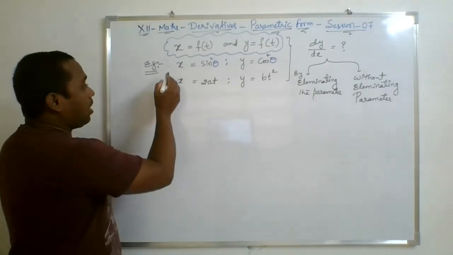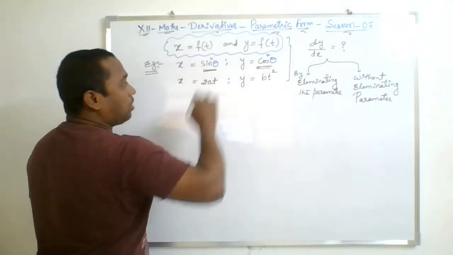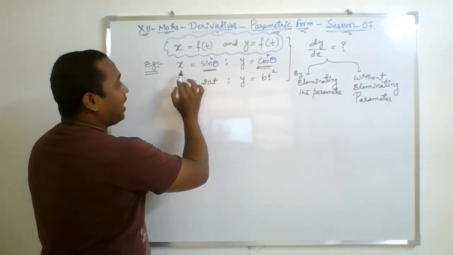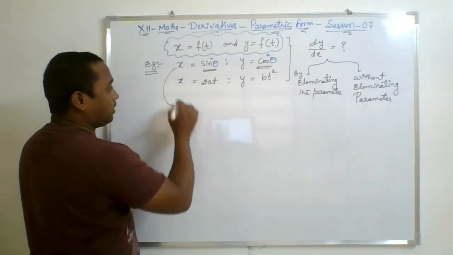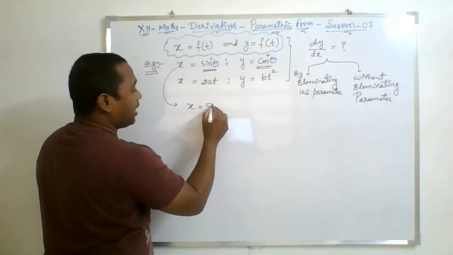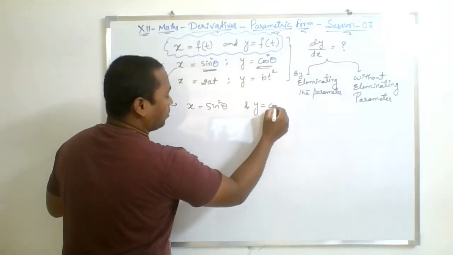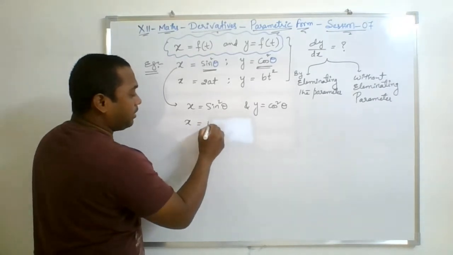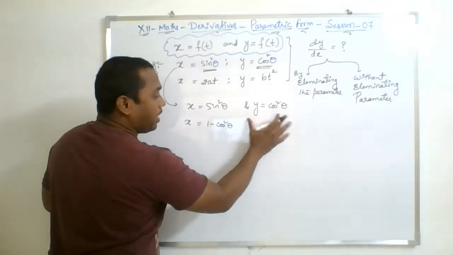Now see how I can eliminate the third variable, that is the parameter, from these two equations to get the relation between x and y. I am taking one example here. x is equal to sine square theta and y is equal to cos square theta. Now I can use the identity sine square theta as 1 minus cos square theta, and y is as it is.